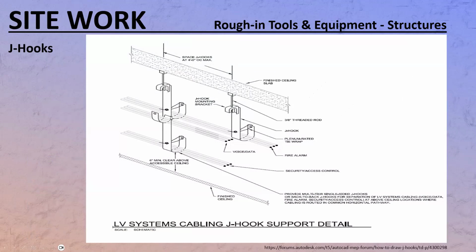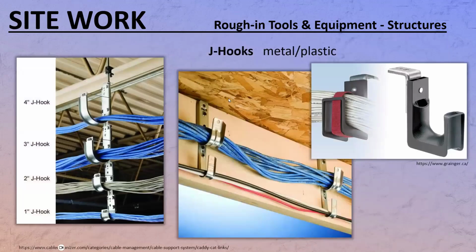Those J-hooks you can mount together, you can cascade them together, putting them on one side, hanging off of each other, or you can have them double-sided. Whichever way you want to construct them, that's fine. The possibilities are there. And those you can use to hold the wires. They're called J-hooks because they look like a J. And that's what it looks like in reality.